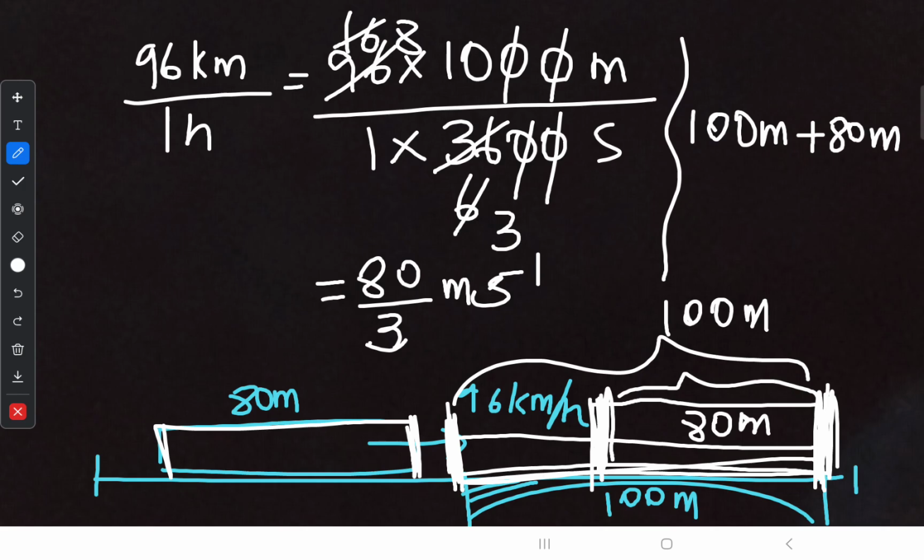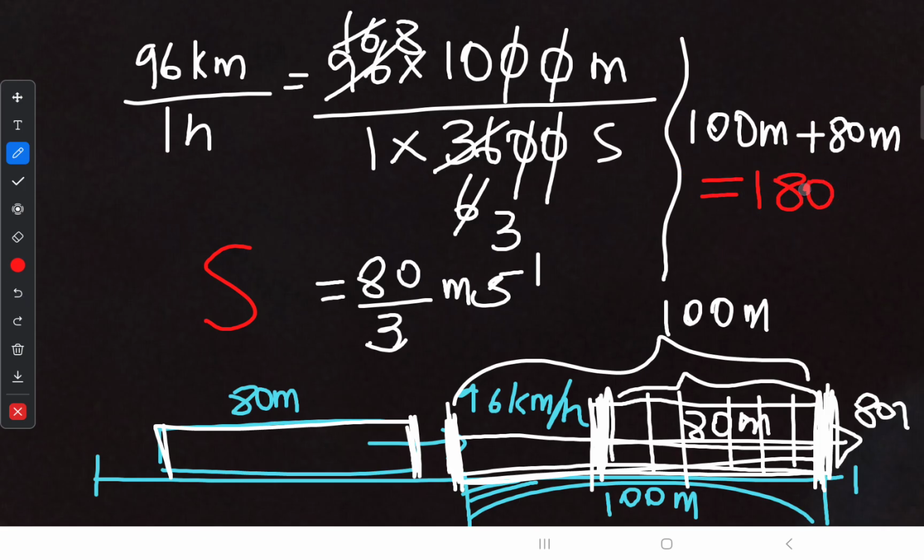The remaining compartments are still on the bridge, so it should travel a further 80 meters to totally cross this bridge. Now we know the speed and the distance it has to travel. Totally the distance is 180 meters.